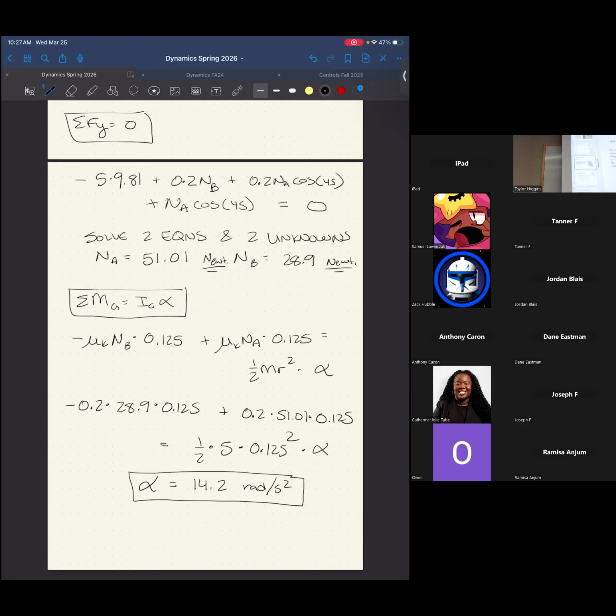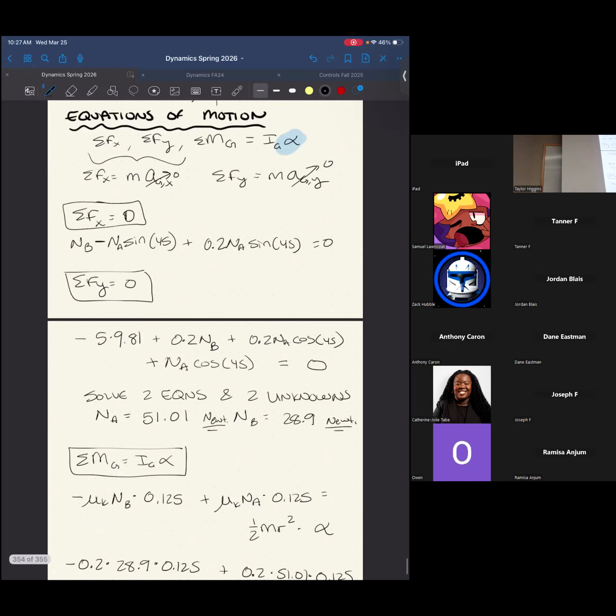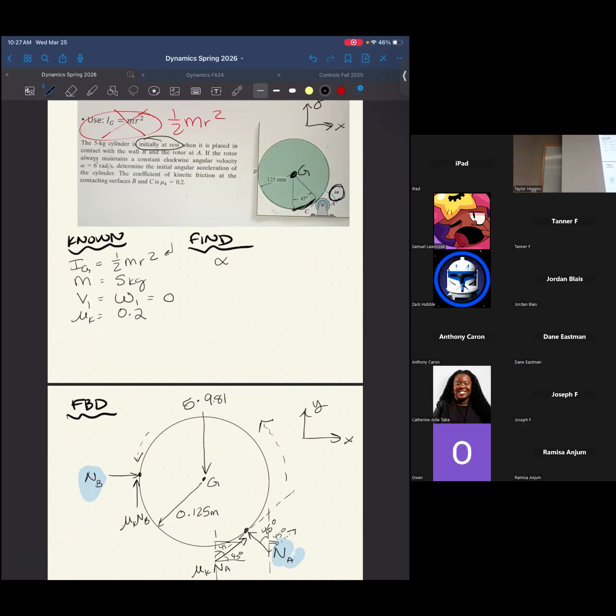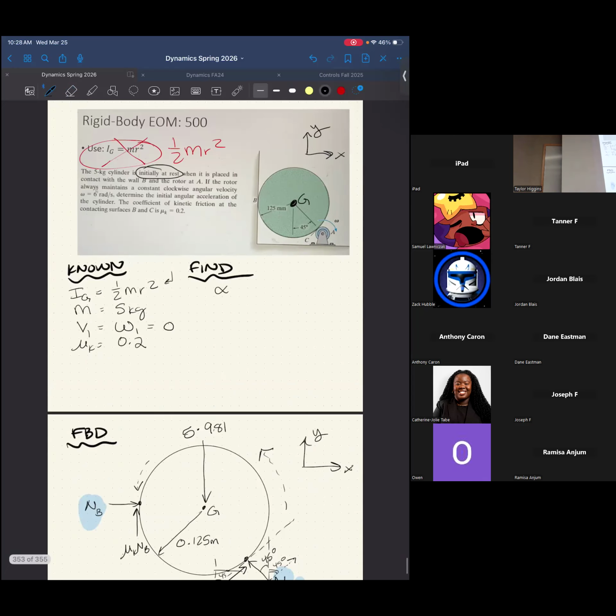Could you go over really quick how the friction force goes in the same direction as the motion at point A or C or whatever? Yes. So for the roller A, we need to think about the fact that the big cylinder is starting out with no motion.